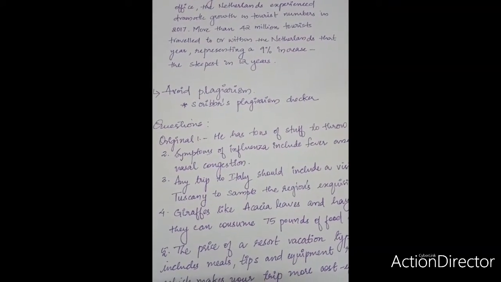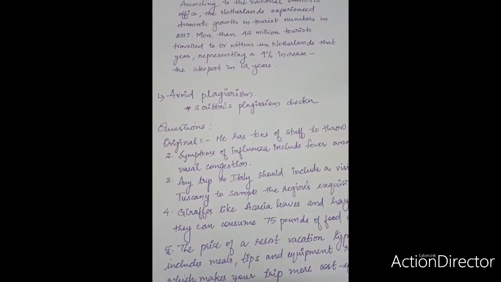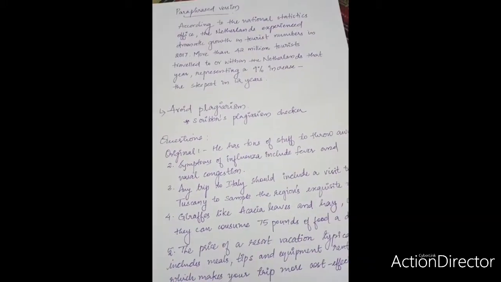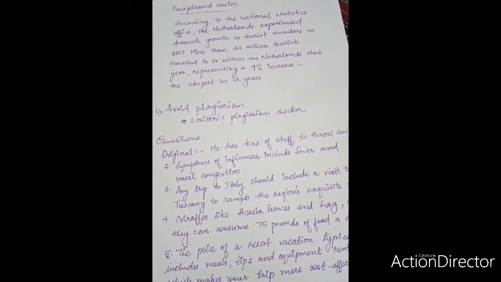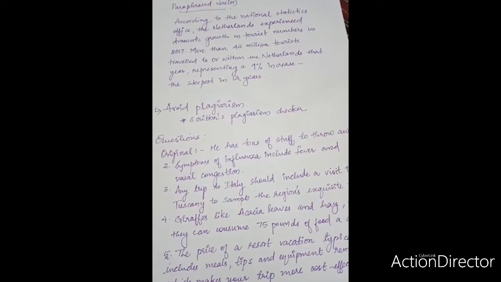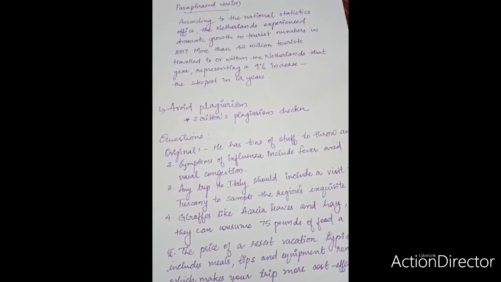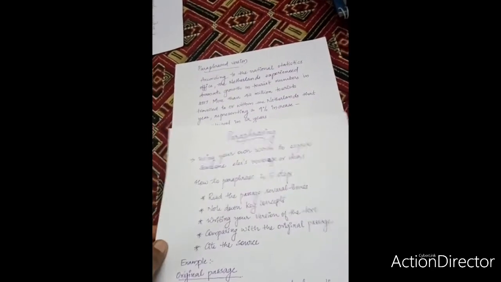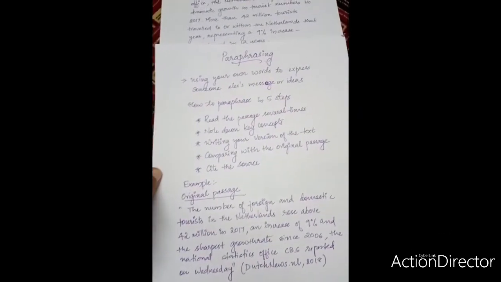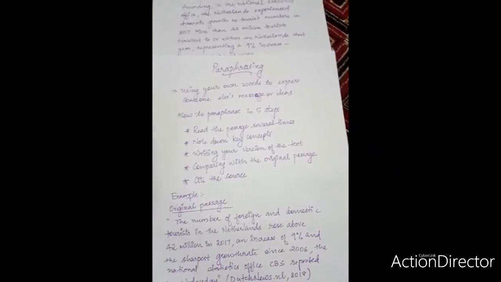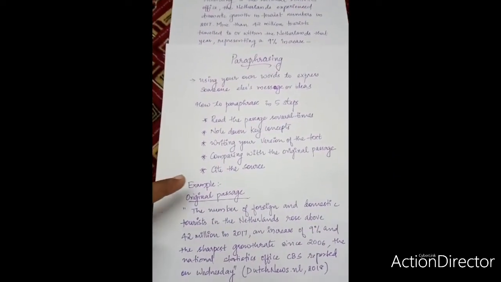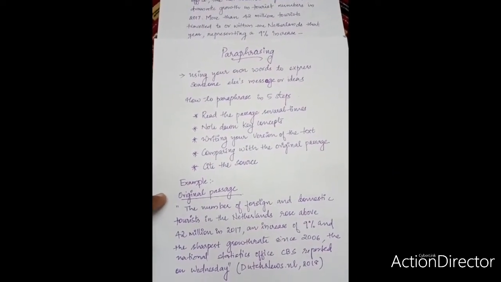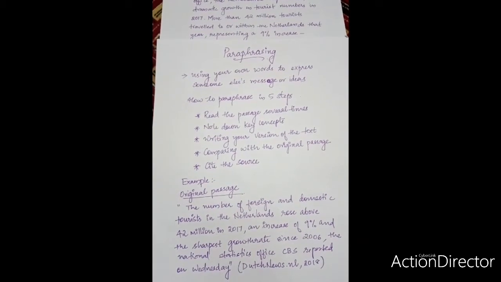More than 42 million tourists traveled to or within the Netherlands that year, representing a 9% increase, the steepest in 12 years. So you can see the difference between the paraphrased version and the original passage. Just have a glance.